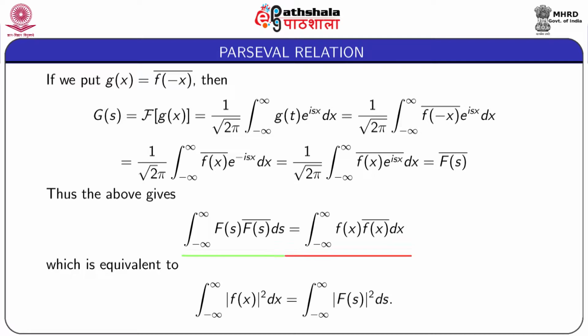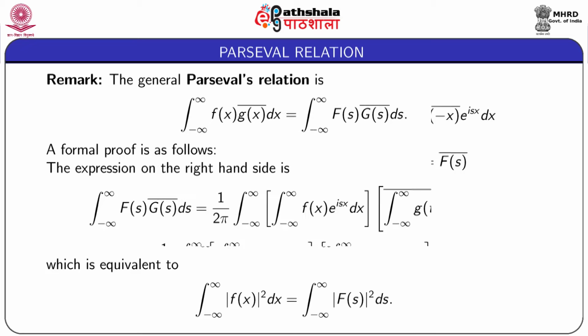This is equal to the integral from minus infinity to plus infinity of small f(x) into small f bar(x) dx, and this is equivalent to the integral of mod of small f(x) squared dx, that is equal to the integral from minus infinity to plus infinity of mod of capital F(s) squared ds. So, we proved the Parseval relation.